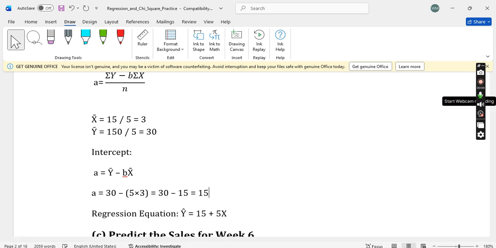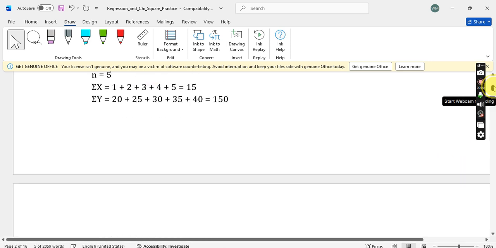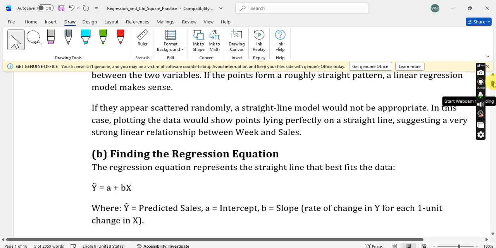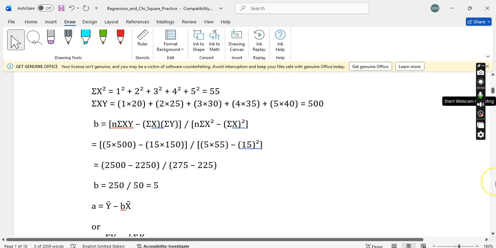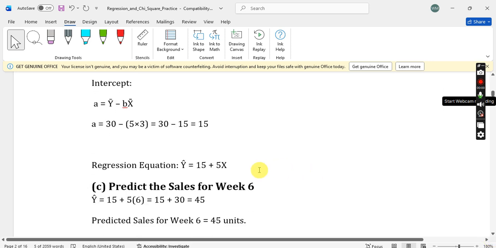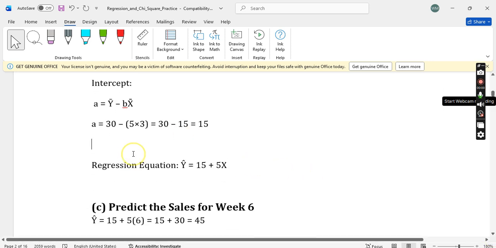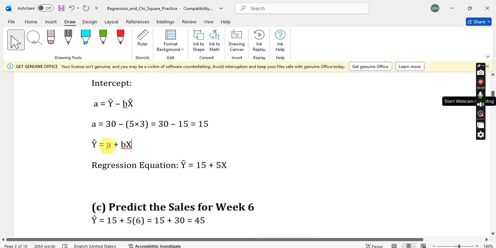So since we've got A and B, remember our formula, bring it back here. The formula for the equation: A, we got 15, B was 5, times x.